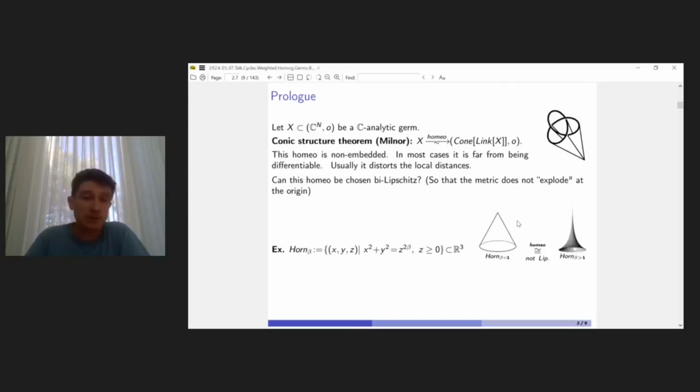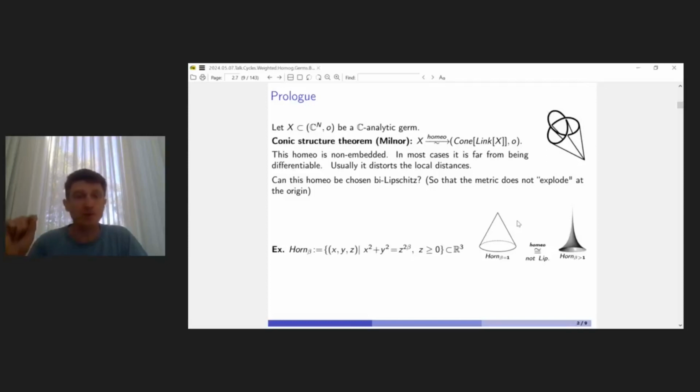When beta is equal to 1, we have just the cone, as you see. And when beta is higher than 1, then we have a sharp point. And of course these two creatures are homeomorphic, but not Lipschitz homeomorphic. They are not inner Lipschitz equivalent. And this will actually be the prototypical example for the whole talk.